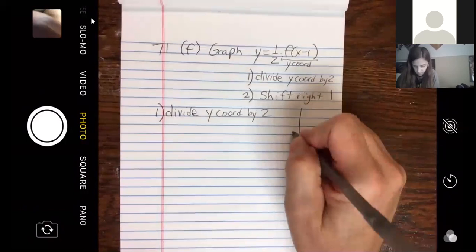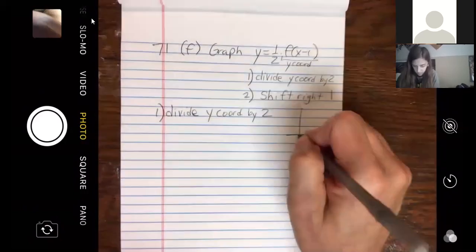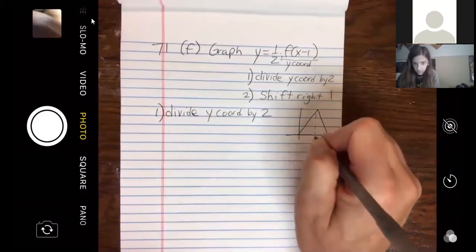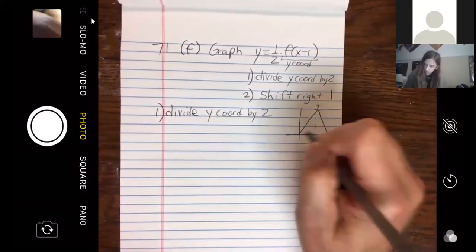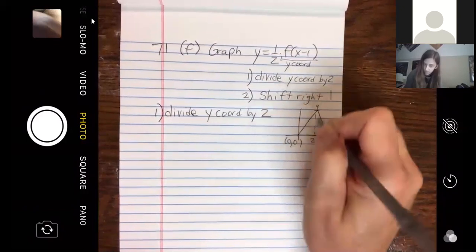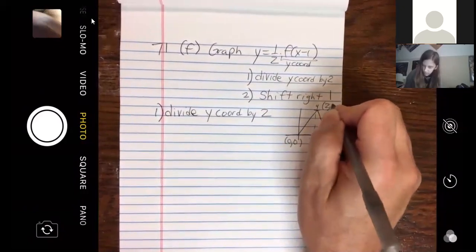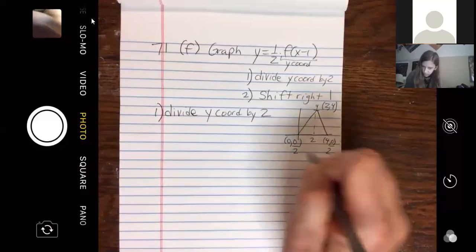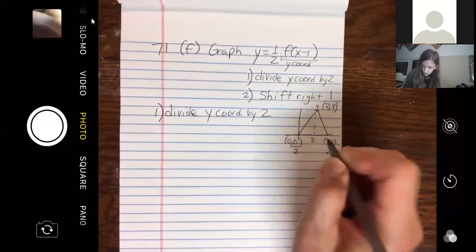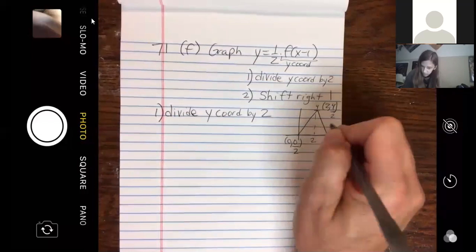Want to see the original? So over 2 and up 4. Here was 4 and 0. 0, 0. 2 and 4. So divide the y-coordinate by 2. Doesn't change the base points. Divide that by 2. Can you see you go to 2 and 2?